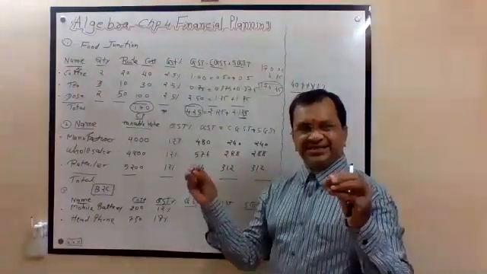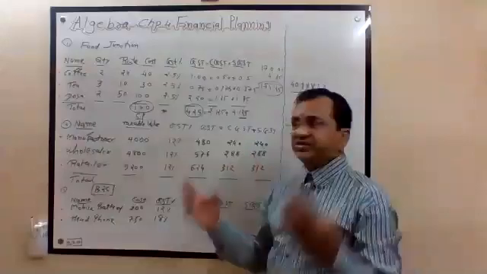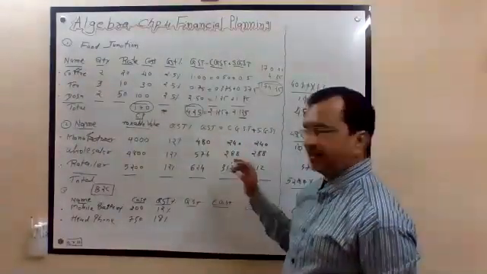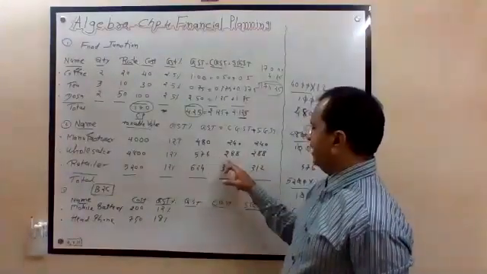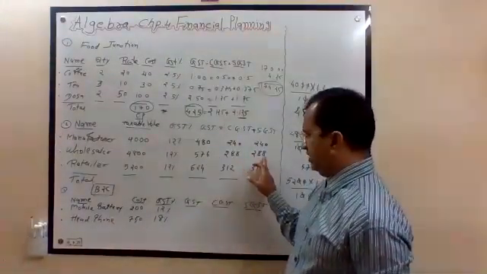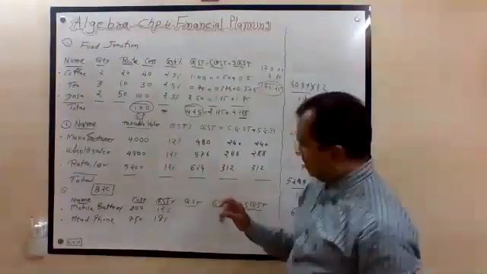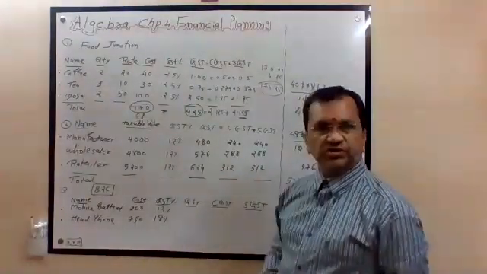GST, CST, both are equal, but half of the GST. So 480 half, 240, 240. 576 half, 288, 288. 624 exactly half, 312, 312.